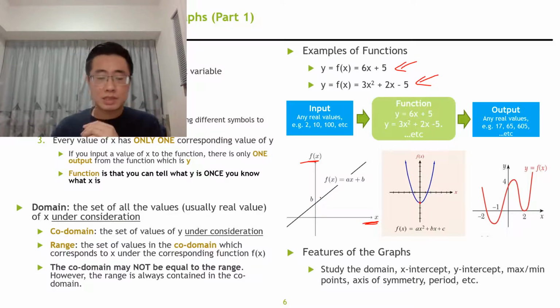We will also study the x-intercept and the y-intercept of the functions. Particularly for quadratic functions, we will also study the vertex of the parabola. We study the maximum or minimum values of the quadratic function.